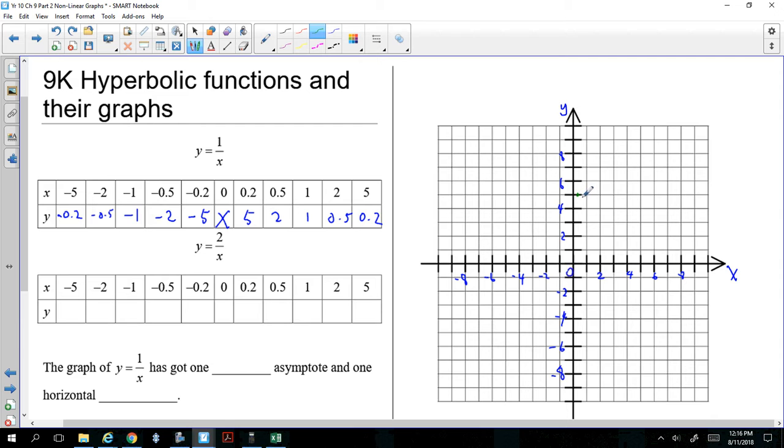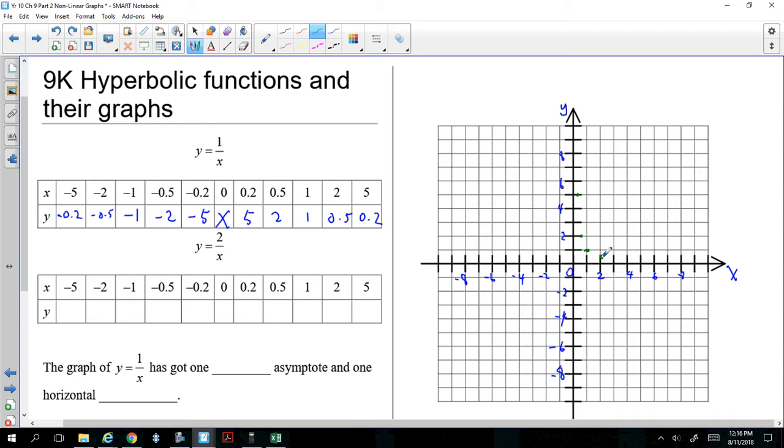What's the next one? 0.5 is 2. I'll do the positive side first. So 1, 1 is this point. And then 2 is 0.5.